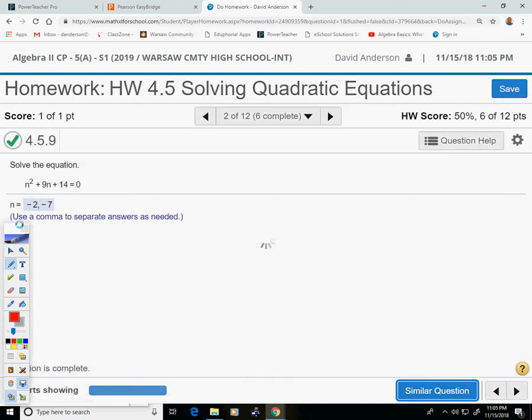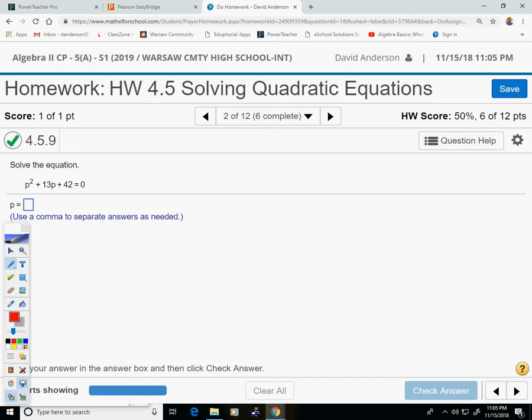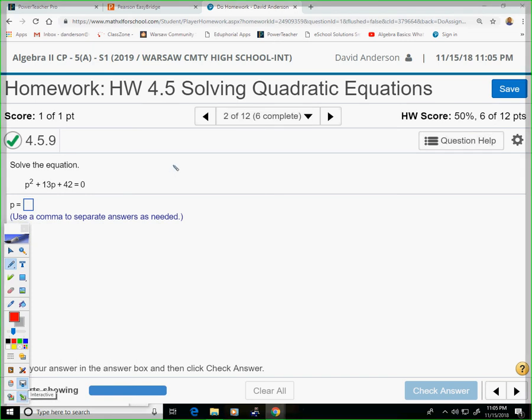Same type of deal here. I want to factor this and then find out what makes those factors 0. Well, this is an easy one to factor because there is no number in front of the p squared. There's an understood 1. So I know that these first 2 terms are just plain p.